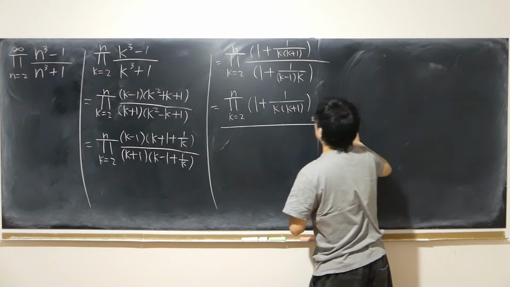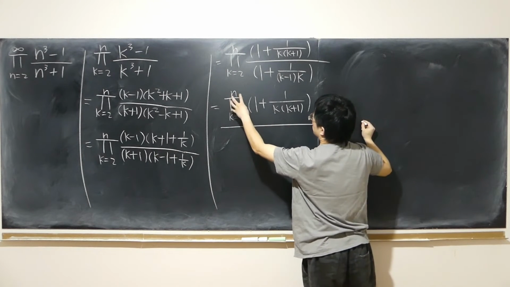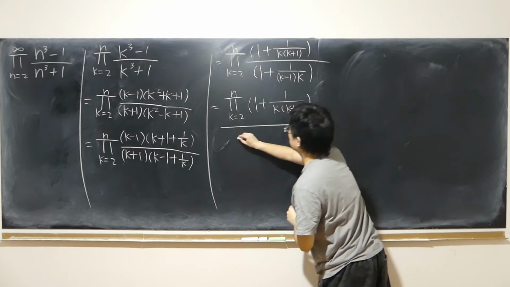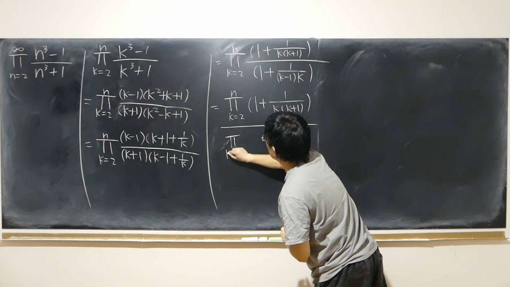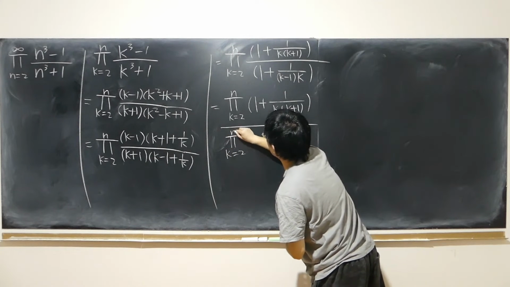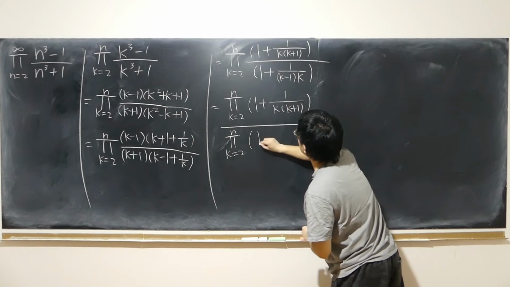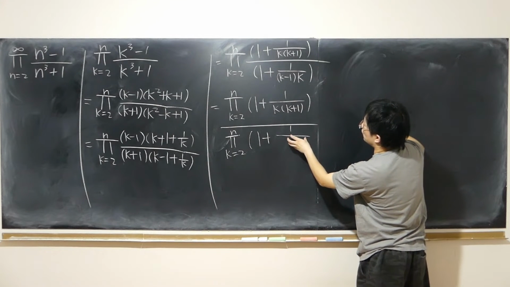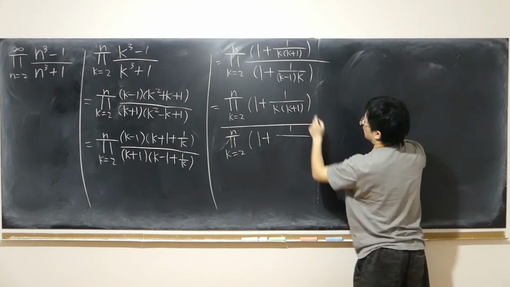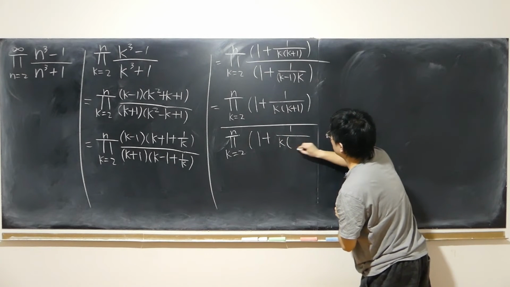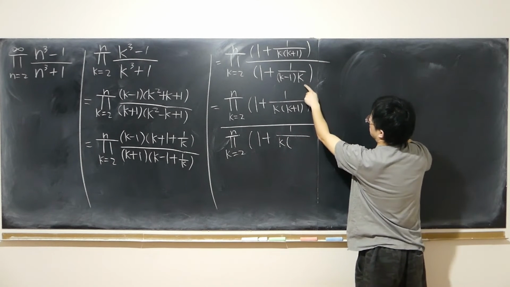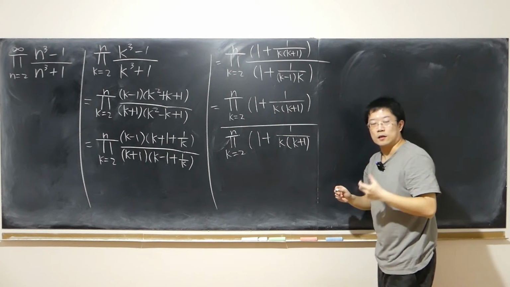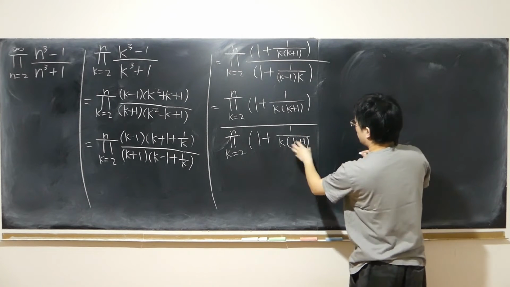On the bottom I'm going to distribute the partial product onto this first, k from 2 to n of 1 plus 1 over. Now I want to change k minus 1 into k, so simultaneously k just becomes k plus 1. We just increased the index by 1.